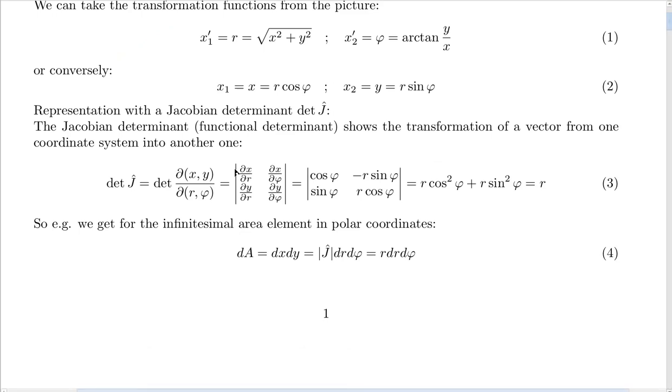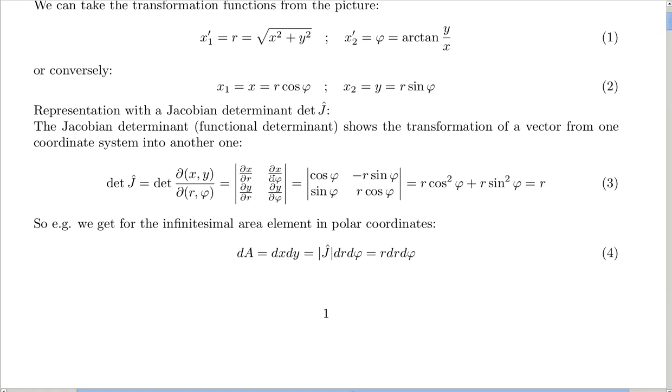We can calculate the determinant by calculating the differential quotient of the coordinates. So if we consider here the first values, we have x differentiated with respect to r. That means, if we differentiate here, then r is skipped and cosine phi remains. This is the first value here.